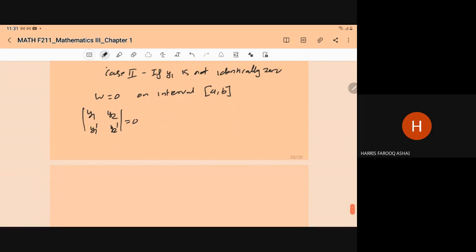Let the interval be a comma b, and in this we have c and d as an arbitrary interval. If W is equal to 0 between a and b, it will give you W equal to 0 for the interval c comma d also, because W is either everywhere 0 or nowhere 0 on the interval a b.